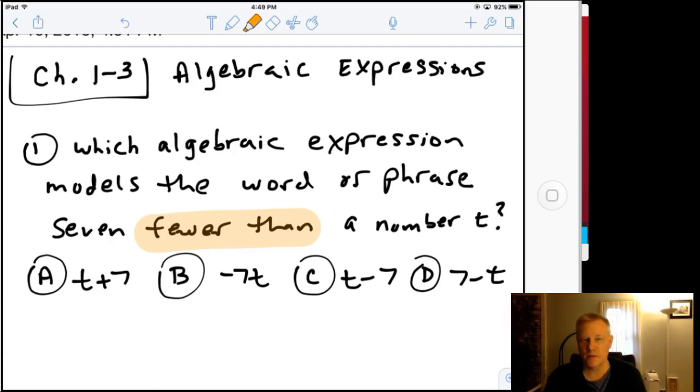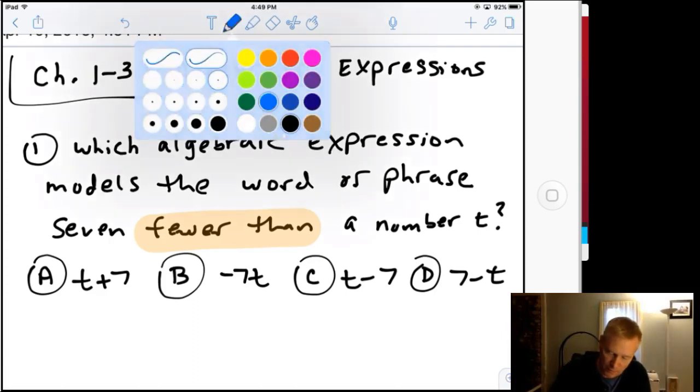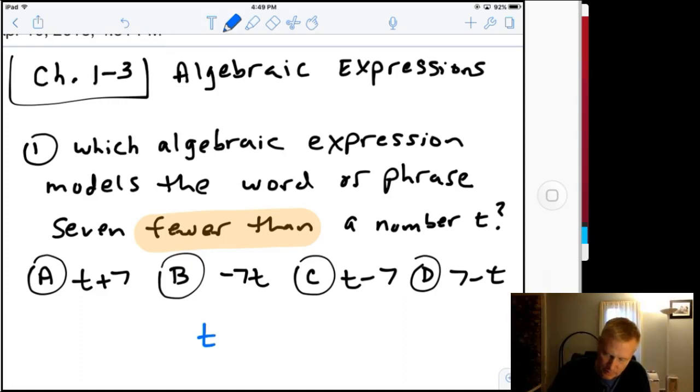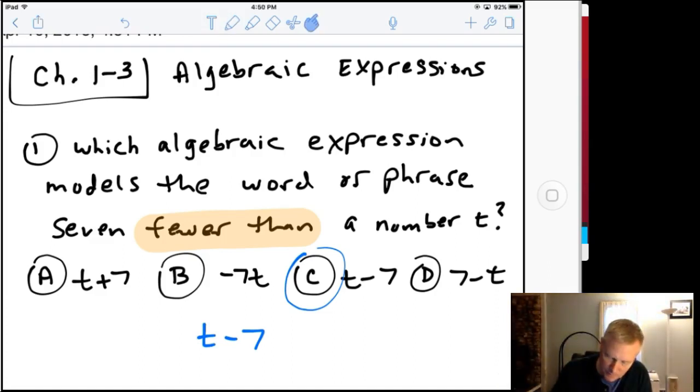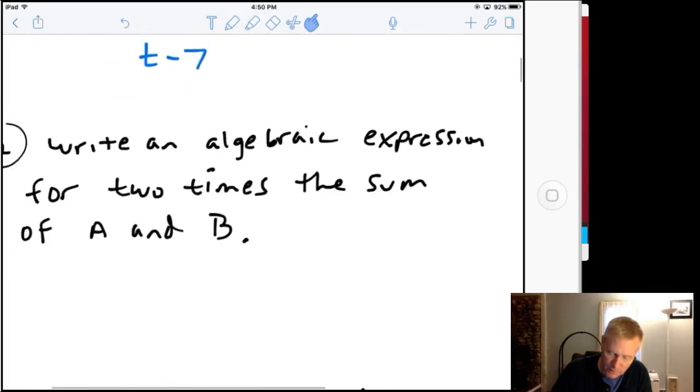It's 20 minus 7. So 7 fewer than means you subtract 7 from it, which means if I'm working with t, that would be 7 fewer than. So that would be C. Very often that's the one I would mess up. I would put D by accident. All right, so that's the first one.